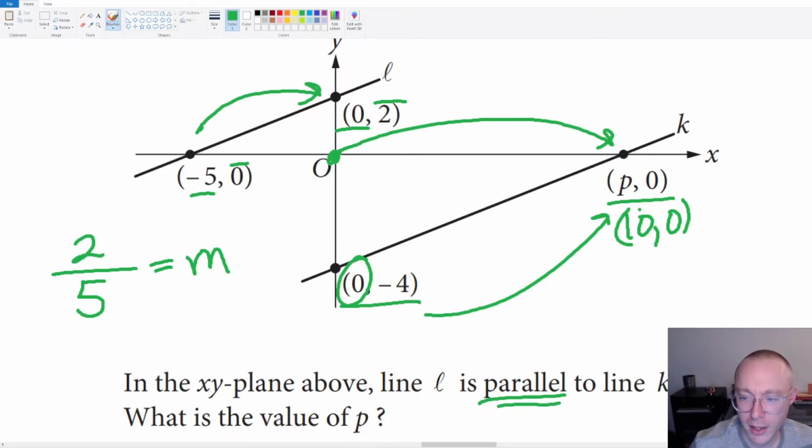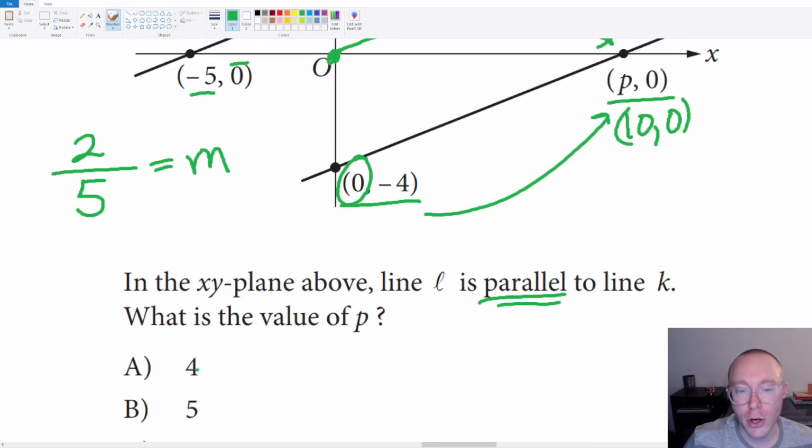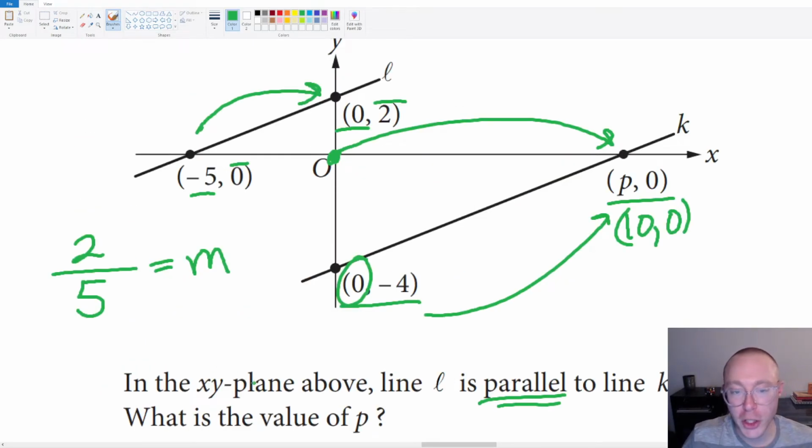You'll notice that there are no formulas needed for this question. There are no proportions or equation solving. It's purely based on having a fundamental understanding of what slope is. Slope is a movement from point to point on a line.